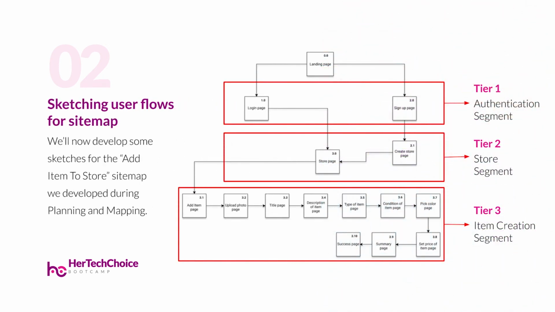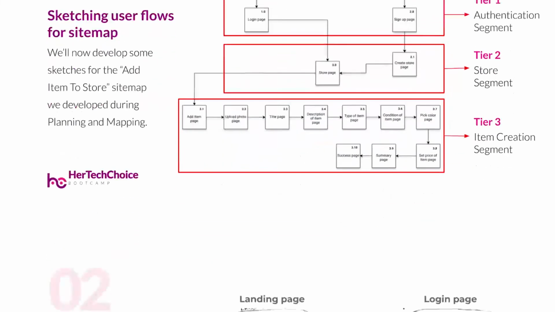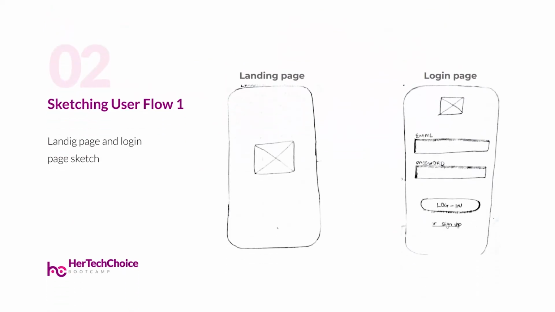Alright, so we'll be sketching the user flow for the sitemap that we created in the last video. We will now develop some sketches for the add item to store sitemap we developed during planning and mapping. Now this is the landing page and the login page sketch. As you can see, we used elements that I explained some minutes ago.